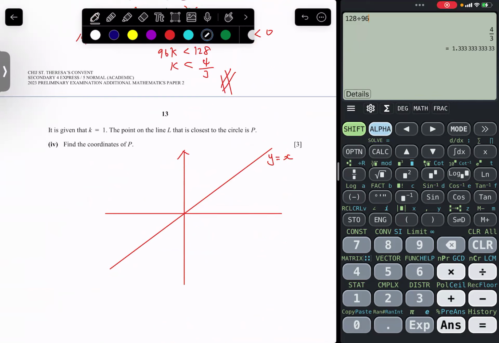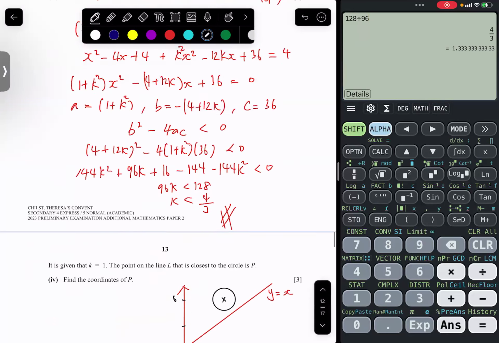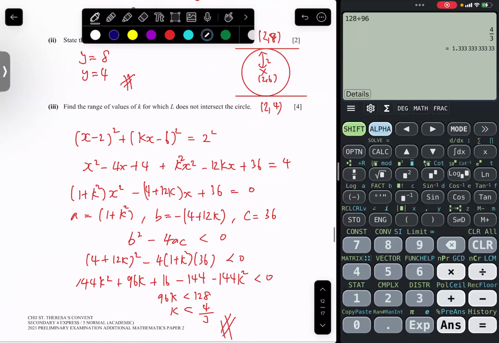Let's say this is 1, this is 2, and 6 is up here. The center is down here, and the circle is maybe something like this. So the line and the circle are not intersecting.